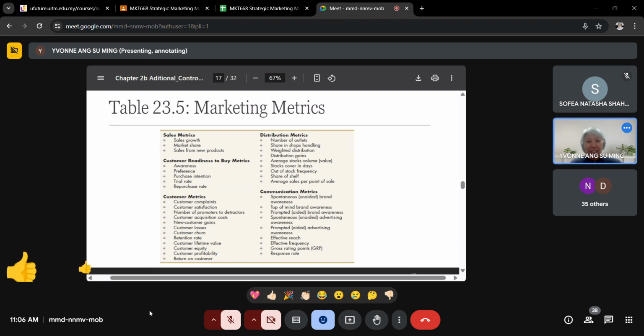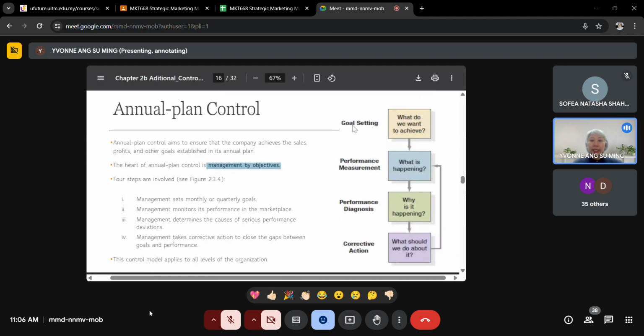All right, so let me just repeat that last portion again. We have a lot of different types of metrics, and we need to select the suitable metrics to actually monitor our performance. So if our goal is sales naik by 1%, then how do we measure the performance?